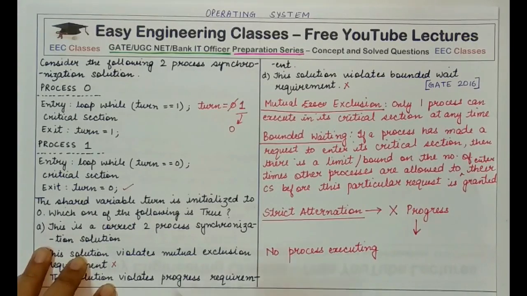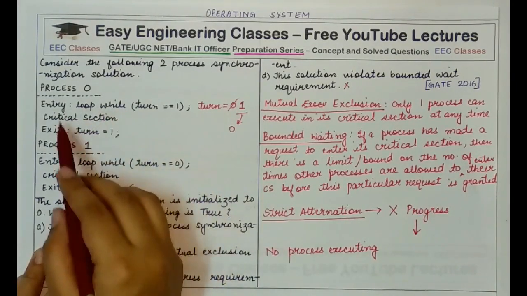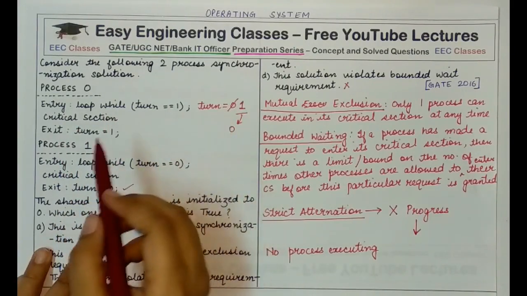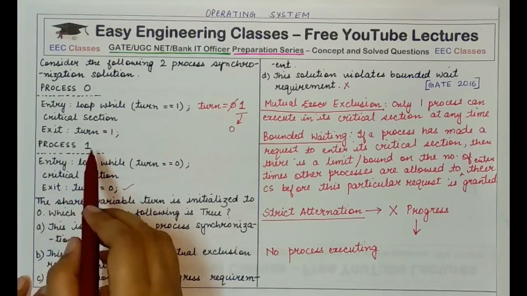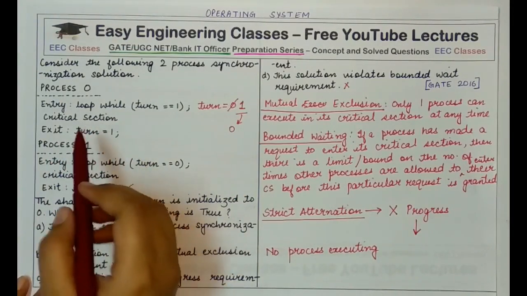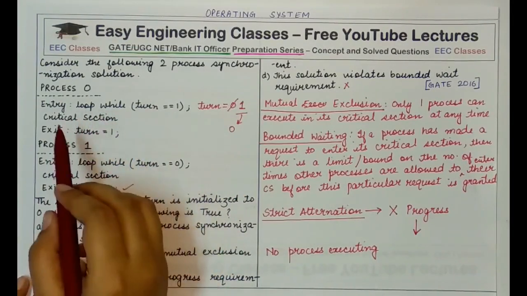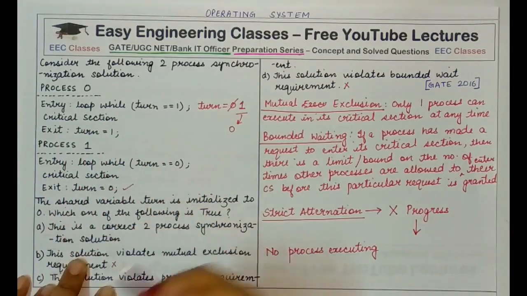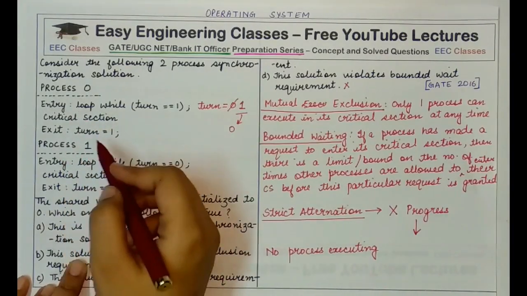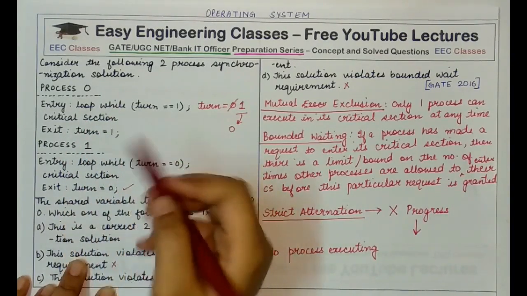So what does it mean? Now P0 wants to enter its critical section again, but we are dependent on process 1 to allow this entry of process 0 into its critical section again. But process 1 is not executing in its critical section, and still it is playing some role in deciding whether process 0 will enter its critical section or not.